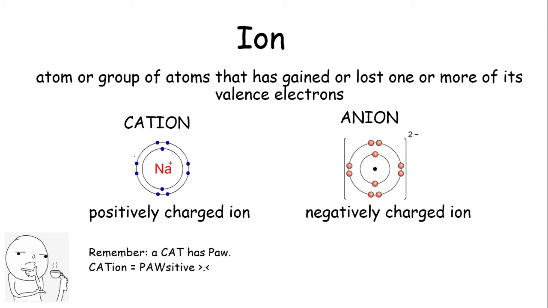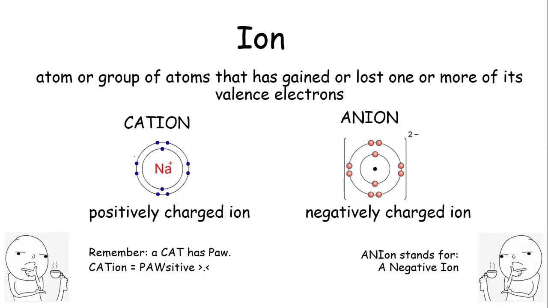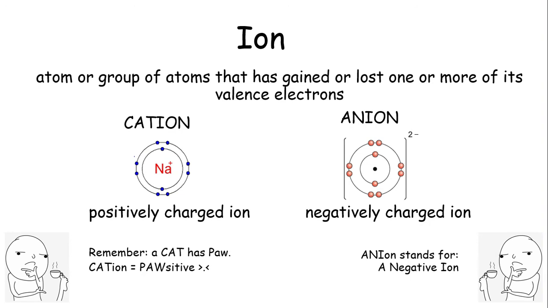So cation, positive. Anion stands for a negative ion. So remember this, positive cation, negative anion. If it's a group of atoms, they will be called polyatomic ions, which we will discuss later.